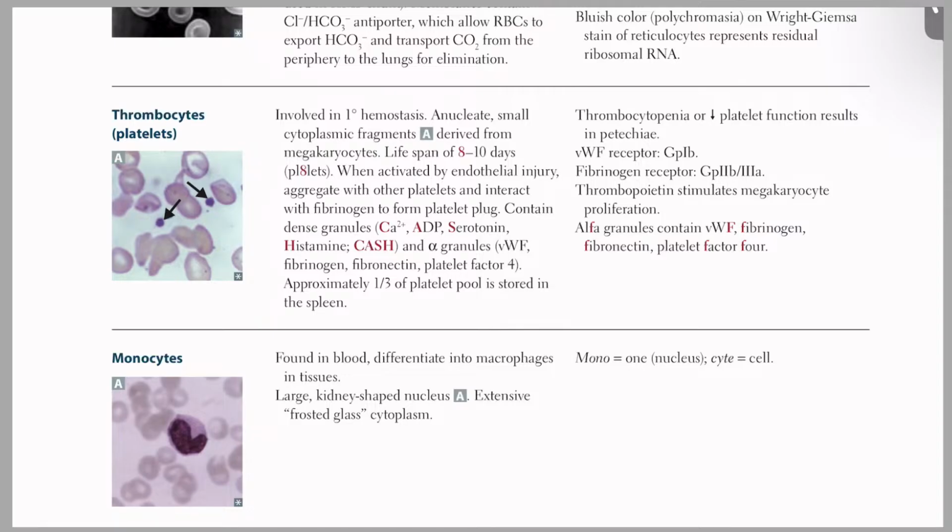Thrombocytopenia or decreased platelet function results in petechiae. Von Willebrand factor receptor, GP1B; fibrinogen receptor, GP2B3A. Thrombopoietin stimulates megakaryocyte proliferation. Alpha granules contain von Willebrand factor, fibrinogen, fibronectin, platelet factor 4.